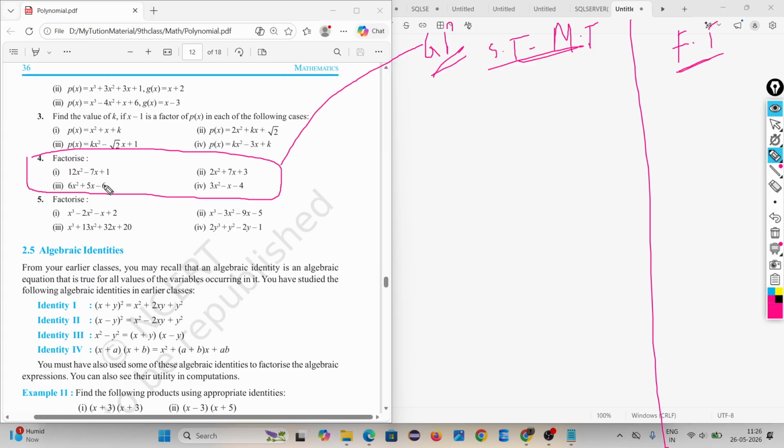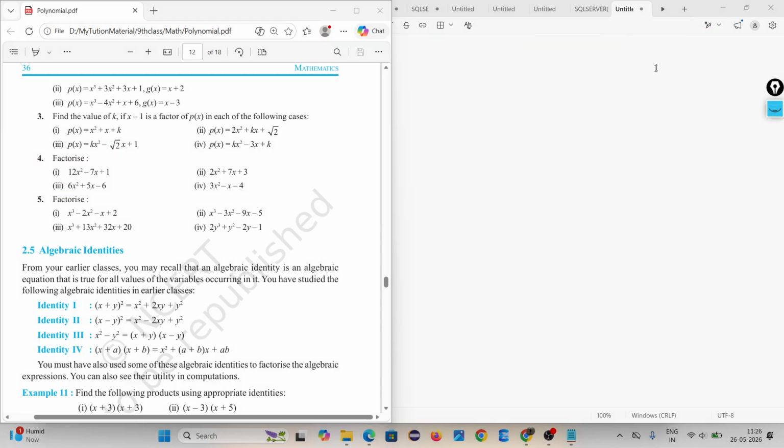I am doing by splitting the middle term, but you have to do by both methods, splitting the middle term as well as factor theorem. Okay, the first one only I am doing. 12x square minus 7x plus 1. Okay, sir.